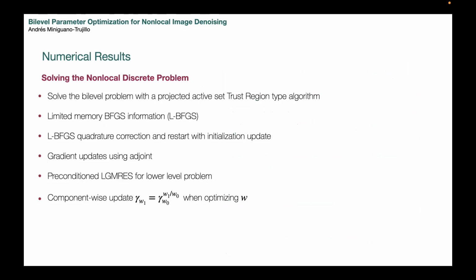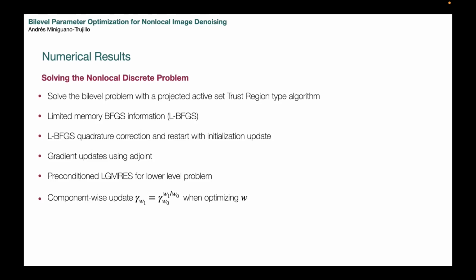Now, we want to solve the optimal control problem. The optimal control setting is non-convex, it's differentiable, but it also has box constraints. So to optimize there, we use a trust region type algorithm aided by a limited memory procedure, which is updated with the derivative of the reduced objective function using the adjoint equations.